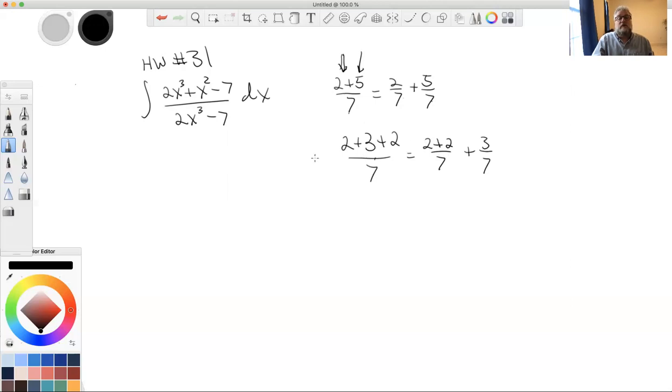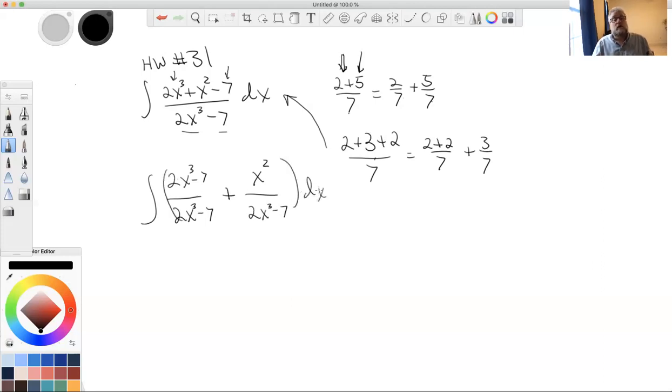Well, we can apply this trick over here. I see a 2x cubed minus 7 in the top. So I'm going to rewrite this as 2x cubed minus 7 over 2x cubed minus 7 plus x squared over 2x cubed minus 7.